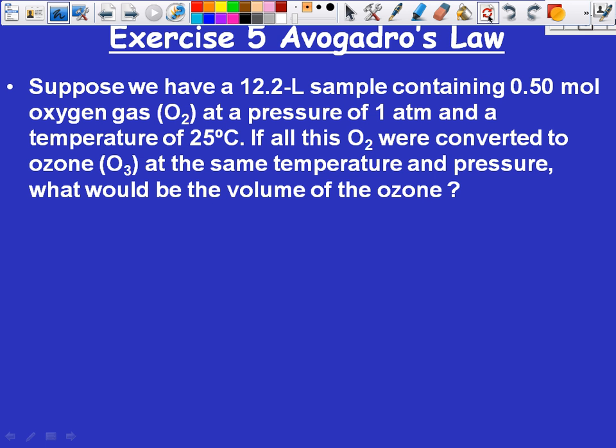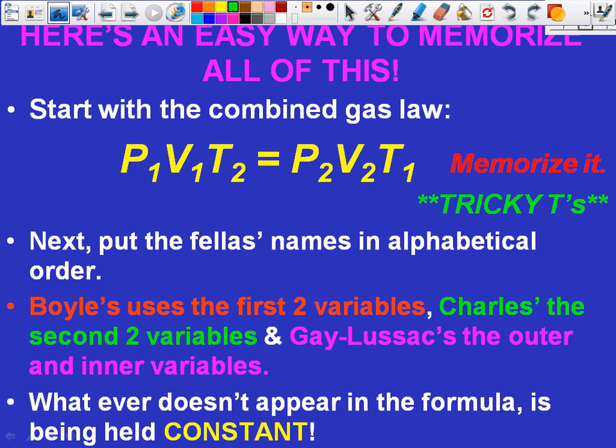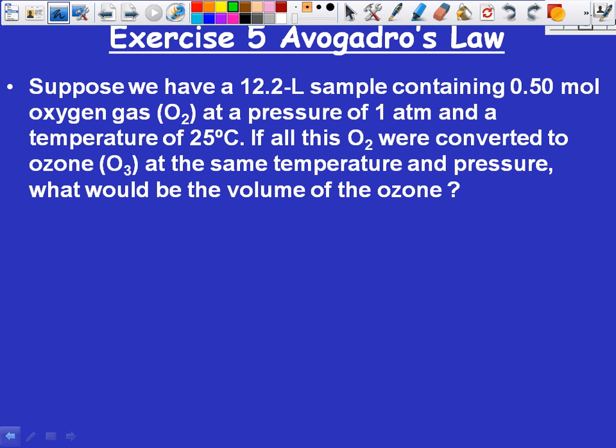Okay, all right, so suppose we have a 12.2 liter sample containing 0.5 moles of oxygen gas at a pressure of 1 atm. So far, guess what they've given us?